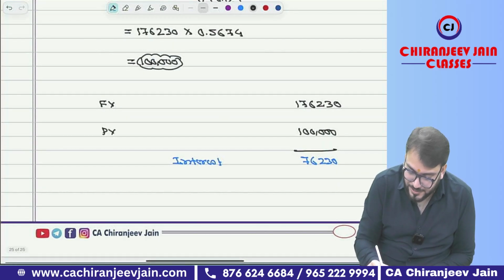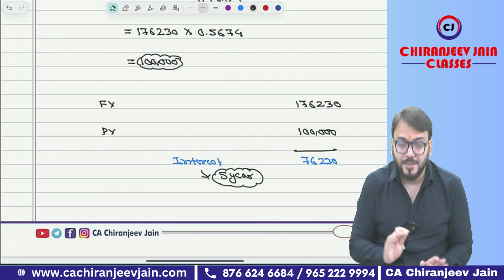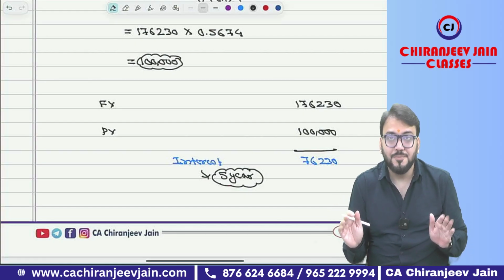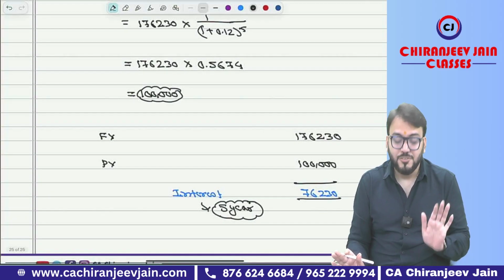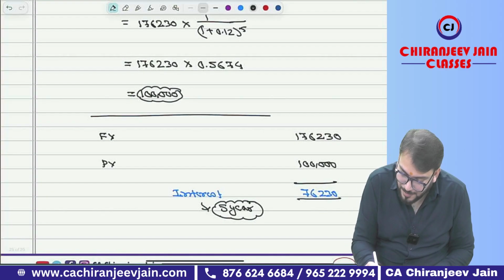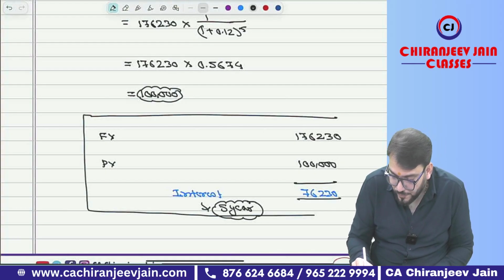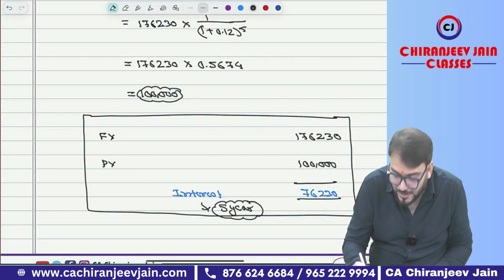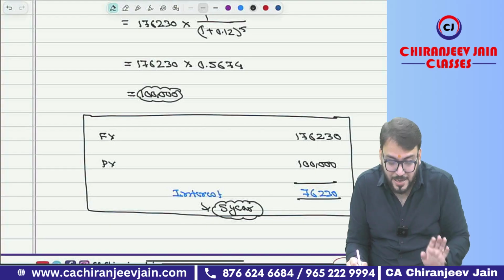And this interest is for how many years? 5 years. Are you able to understand? Are you getting whatever I am saying? Chalega. This is nothing but FM. I am just teaching you, if future value is known, can you convert it into present value? That I am explaining.